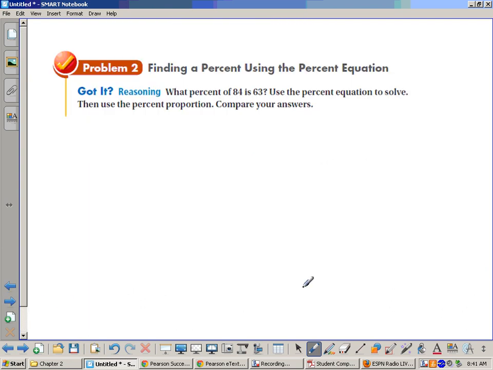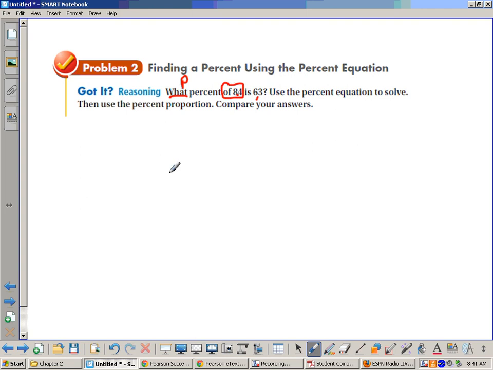So let's do some examples. See if that makes more sense. Here we're talking about 84 and 63 as our two numbers, set up in a fraction or a ratio if we're going to use the proportion, and we're trying to find the P, or the percent, so we don't know what that is. If we're going to set this up in a proportion, remember the of part always goes on the bottom.